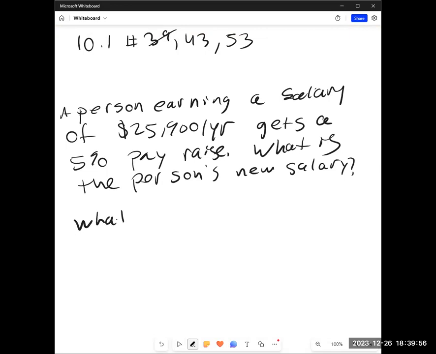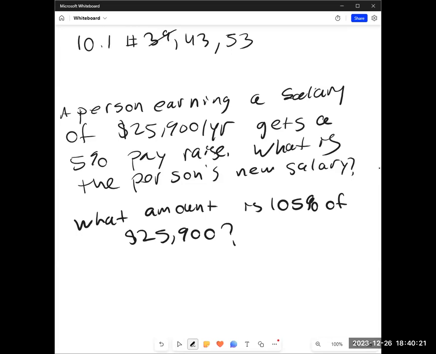What number, or what amount, let's say, is 105% of 25,900, because I need to keep all my old salary and add an extra 5% to it. So X is 1.05 times 25,900.